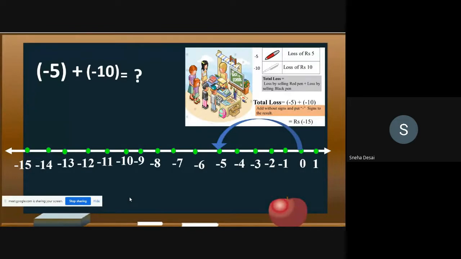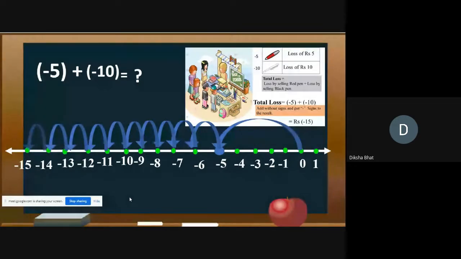Since it is 10 negative steps, you all will have to move 10 steps to the left of negative 5. 1, 2, 3, 4, 5, 6, 7, 8, 9, 10. Where did you all reach? On which number you all reached? Negative 15. Yes, negative 15. So negative 5 plus negative 10 is equal to negative 15.